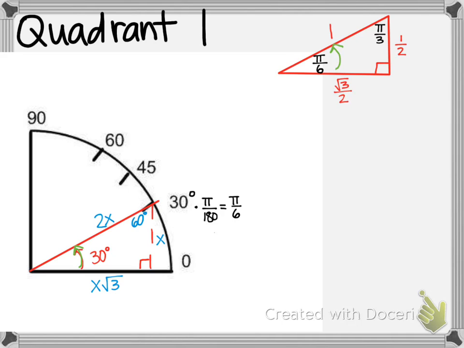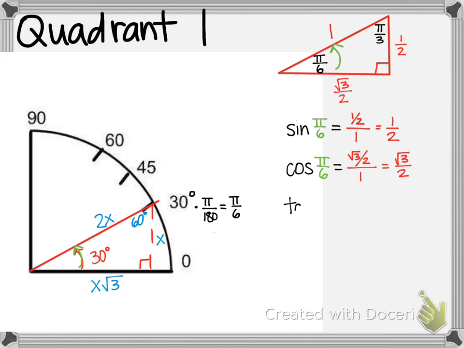So when I consider the angle of pi over 6, that is this angle that I just drew. It starts at the horizontal line and opens up pi over 6. When I consider this, I can consider the sine of pi over 6. Looking at this right triangle, the sine of pi over 6, remember, is opposite over hypotenuse, which gives me 1/2. I can then look at the cosine of this same angle of pi over 6. It's adjacent over hypotenuse, which simplifies to that.